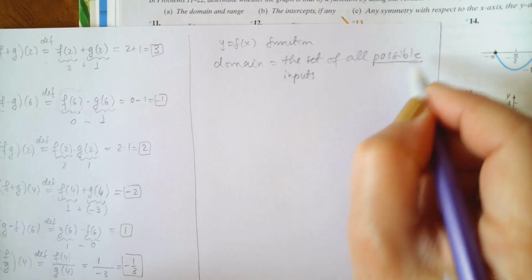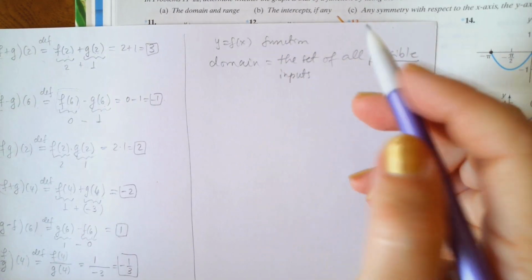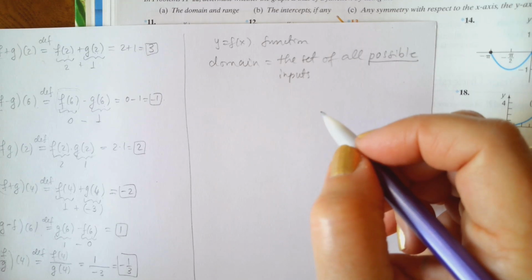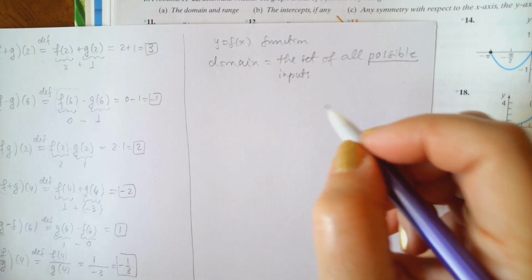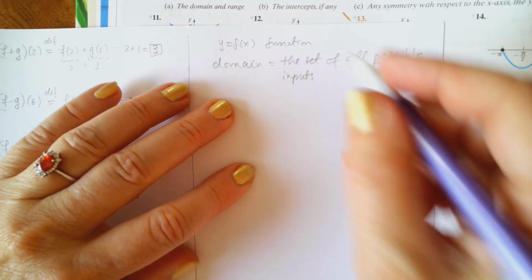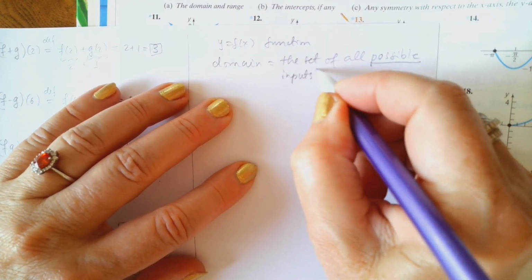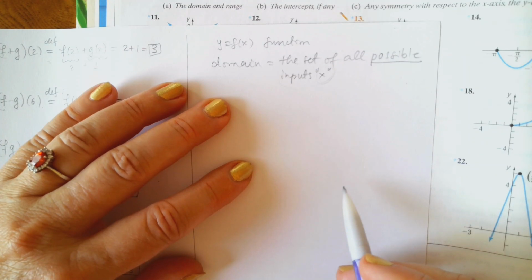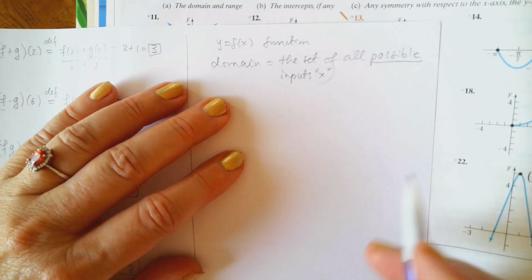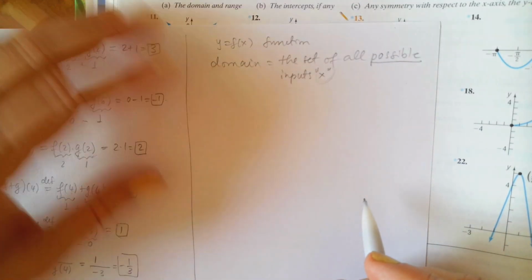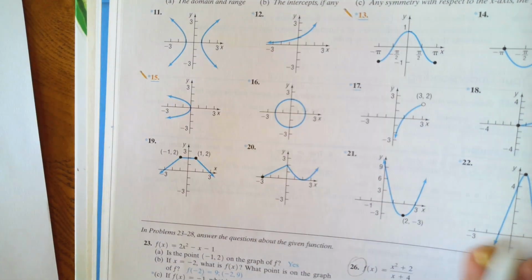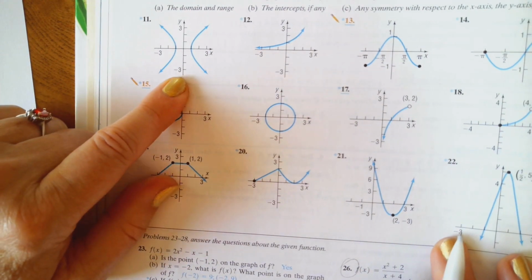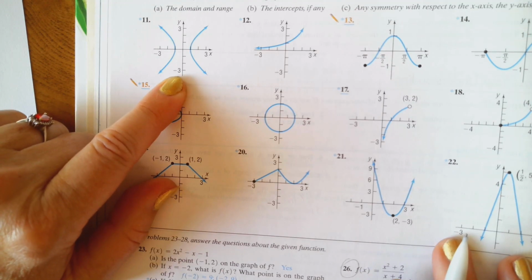So by possible means the ones that if I plug them in, I can actually get an output for it, yeah? So let's look at the possible inputs x, right? So usually the inputs we read from the x-axis, while the outputs, y, we read from the y-axis. So let's see. If I look at the graph of the function in problem 11 right here, right?